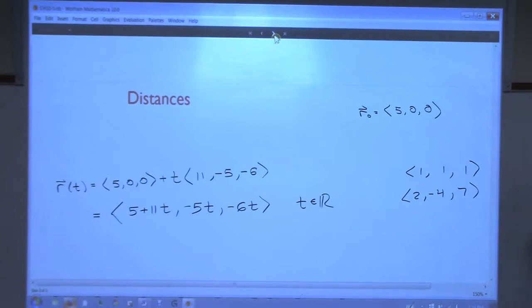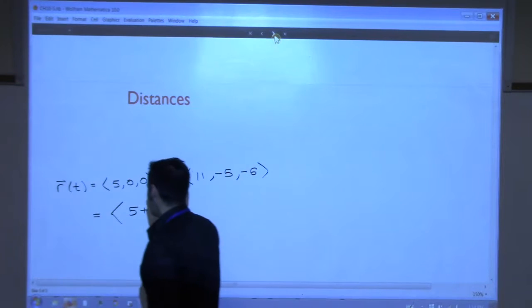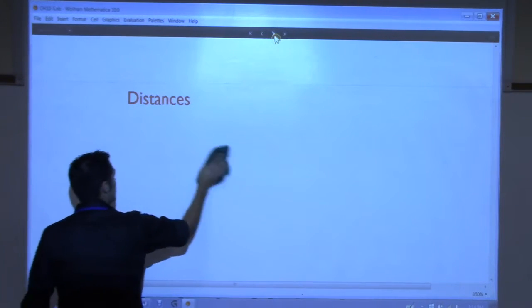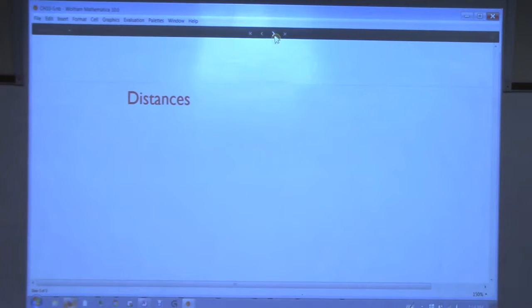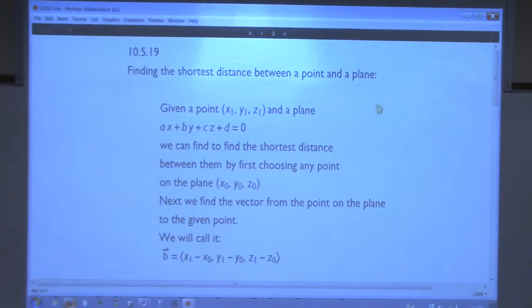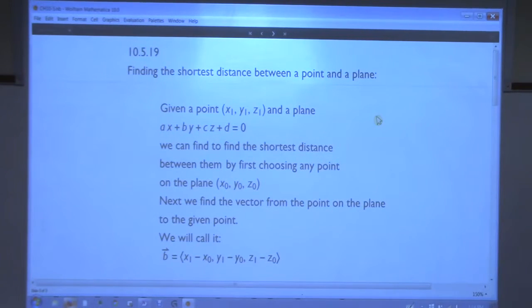Distances. Now, I've always found this section particularly interesting, almost amazing, because of the difficulty of the problem that we're going to be able to solve with relative ease. How do we find the shortest distance between a point and a plane?